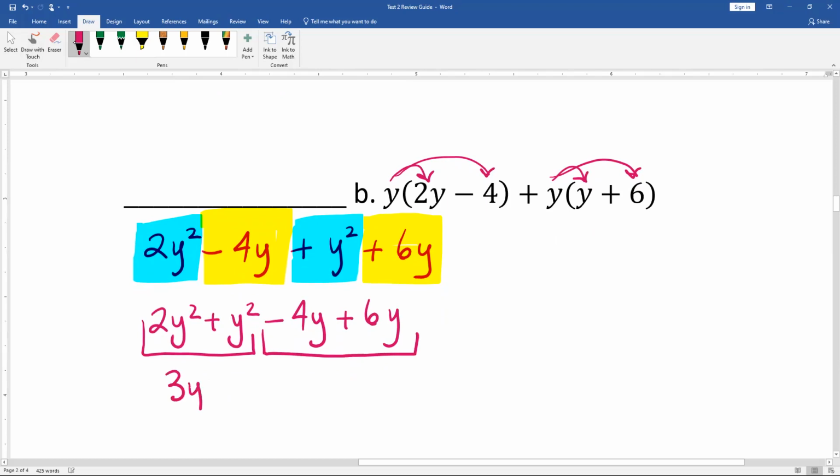Okay. Nope, the term stays the same. We're not multiplying. So you don't change your exponent. That's why we can only add and subtract like terms. So this is just 2y squared plus 1y squared, which is 3y squared. Yep. And the other one is negative 4y plus 6y.